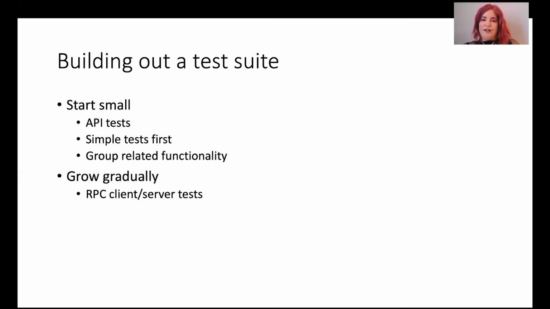Once you've gotten your simple tests done, you can start getting into things that are more complicated. As you do it, it probably makes sense to group related functionality. If you're going to be linking libraries in that you need to get the dependencies right, obviously, once you've figured out those dependencies, having all of the tests that take advantage of those together is a good thing to do.